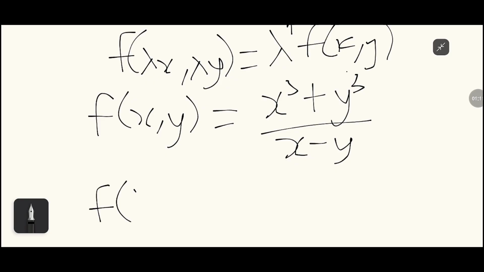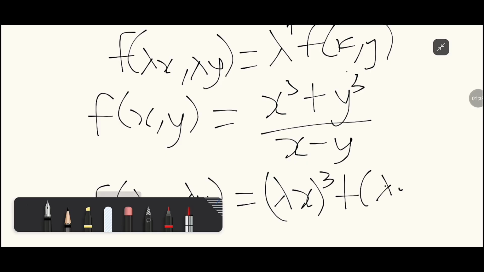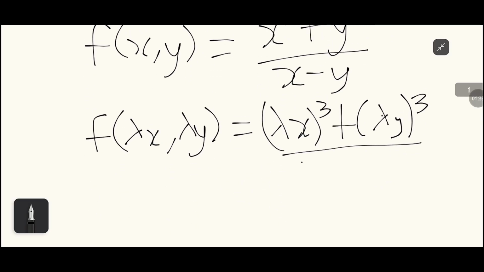So we have f of lambda x, lambda y equal to lambda x cubed plus lambda y cubed all over lambda x minus lambda y.